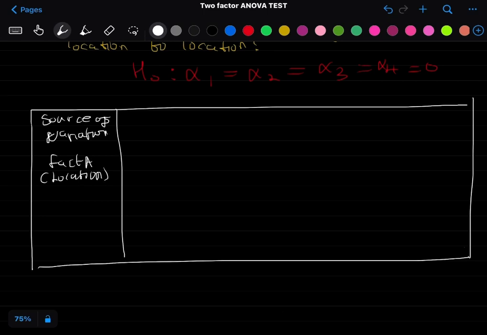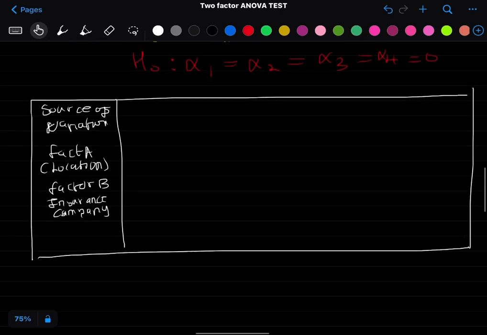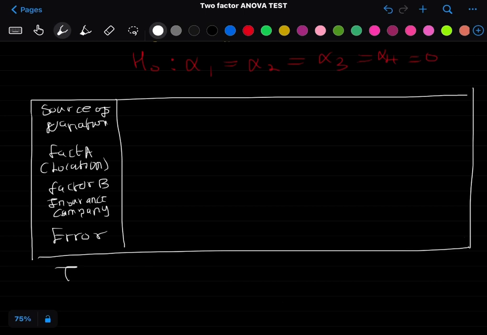Factor B will be the insurance company. And then the other one will be the error, and last will be the total.